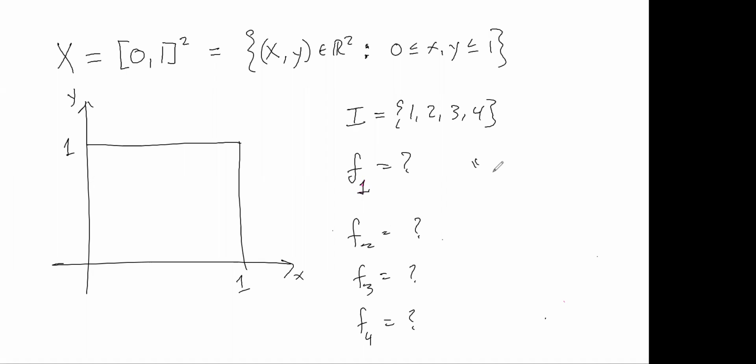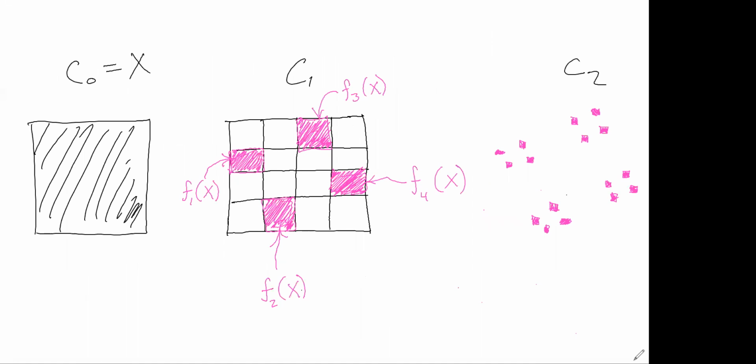Finding these maps is coding the image. If we go in the opposite direction, if you start with the maps and you want to find the image, that's decoding the image. Okay. That's C2. So that's fractal sets generated by iterated function systems.